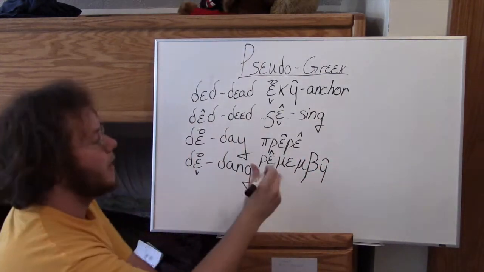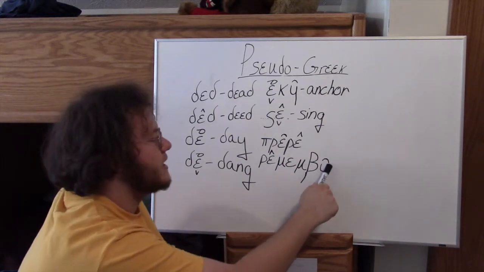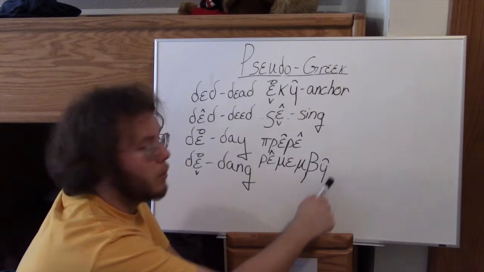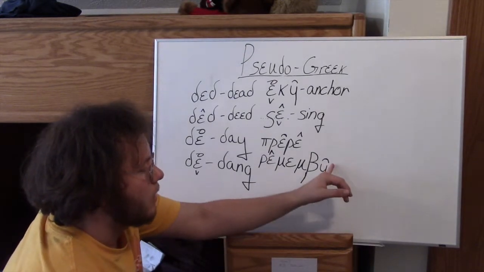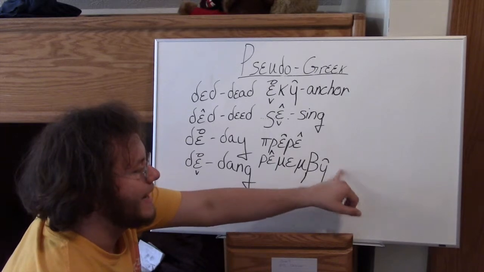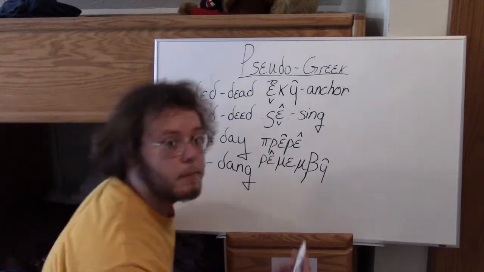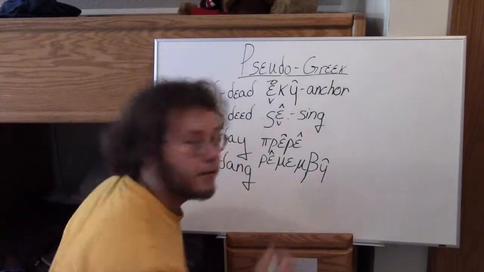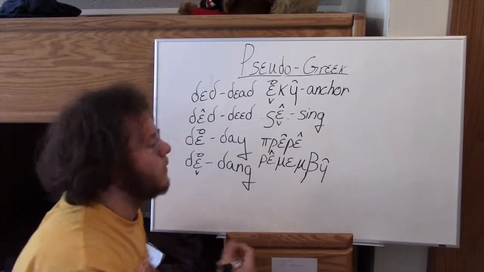And we do not need a reiterated R, a rho, in there because this is the end of the word. And there's no other vowel in there. If we wanted to say remembering, we have to have that E vowel in there.